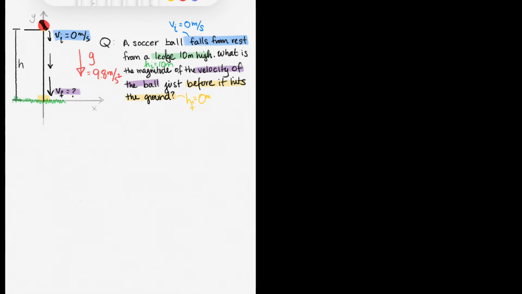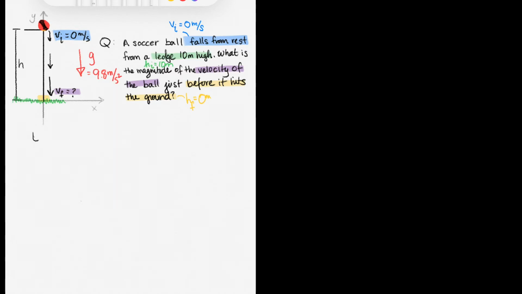Energy conservation for the sort of problem we're talking about would be to look at the initial gravitational potential energy, which is your energy of height, and the initial kinetic energy, and look at how those change into the sum of the final kinetic and final gravitational potential energies.